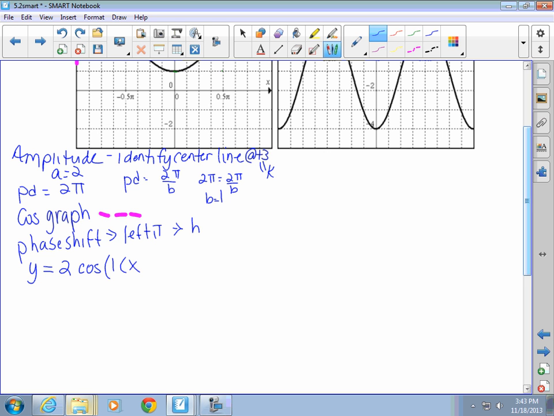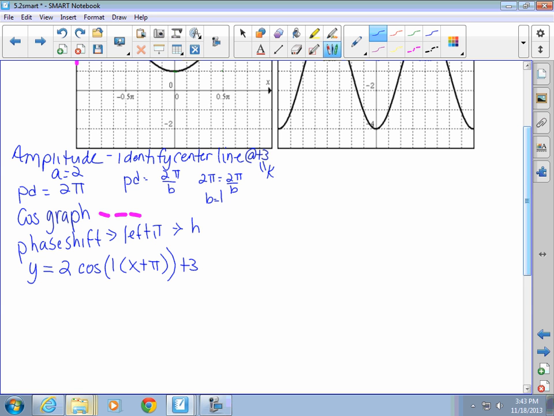Now my phase shift, the h value, was left pi, so that means it had to be a positive pi in here. And then my k value was, I went up 3, so it's a plus 3. So that's what the equation would look like for a cos graph.